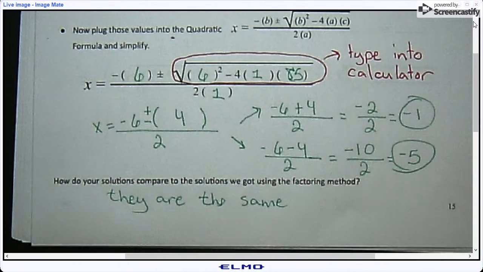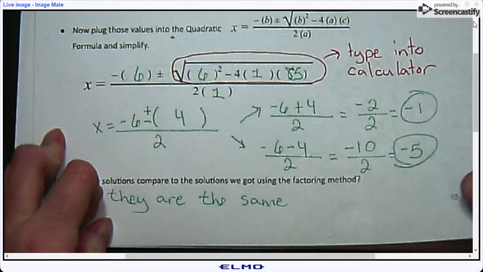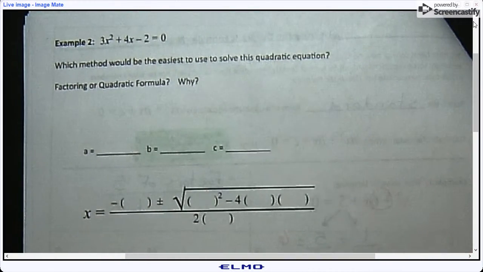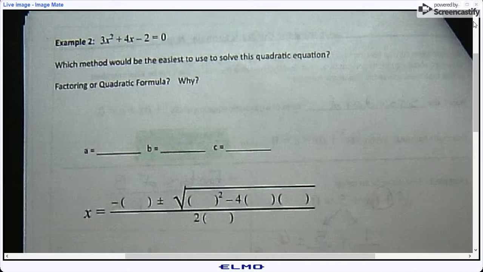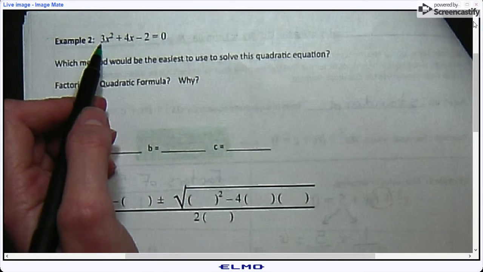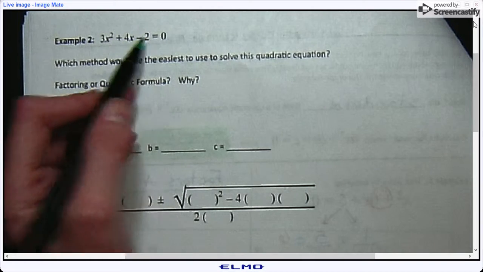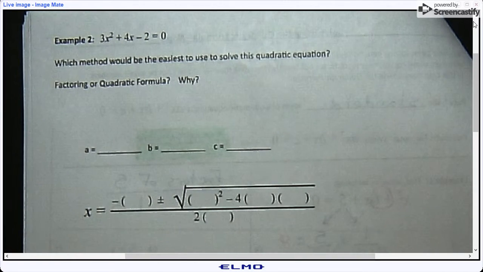So go ahead and turn to page 15, or from 15 to 16. Example 2 shows us why on earth we would want to learn and use a totally new method when factoring works. Because for an equation such as this, 3x squared plus 4x minus 2, we cannot factor.